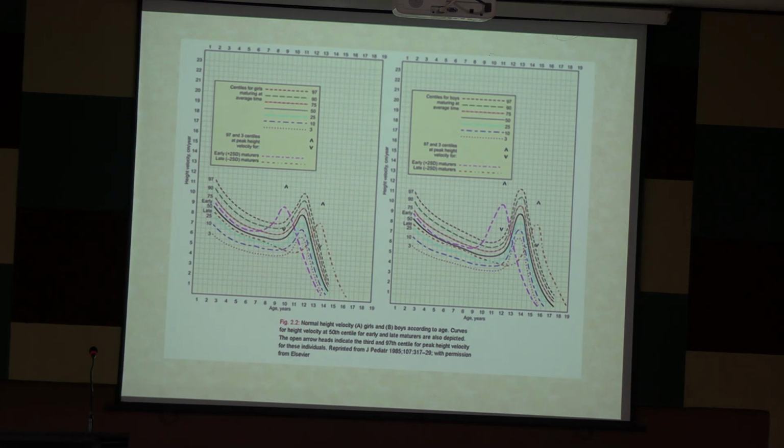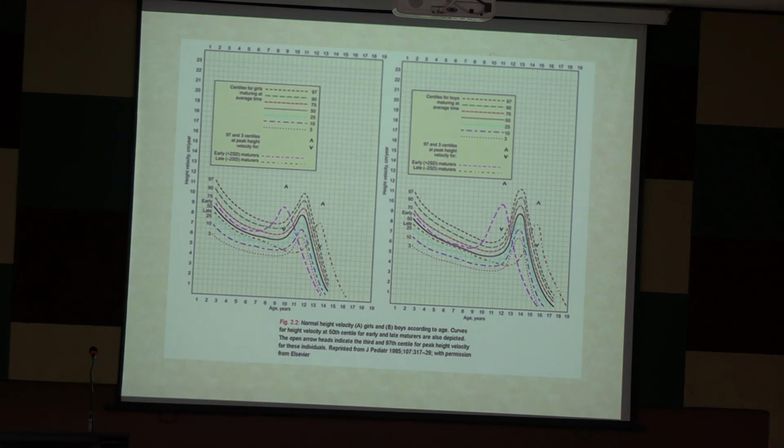And from this curve, I will make another point. Look very carefully at the left side curve, that is for girls: the growth spurt is earlier, at 9 to 10 years, okay, and for boys it is slightly later, at 11 to 12 years.